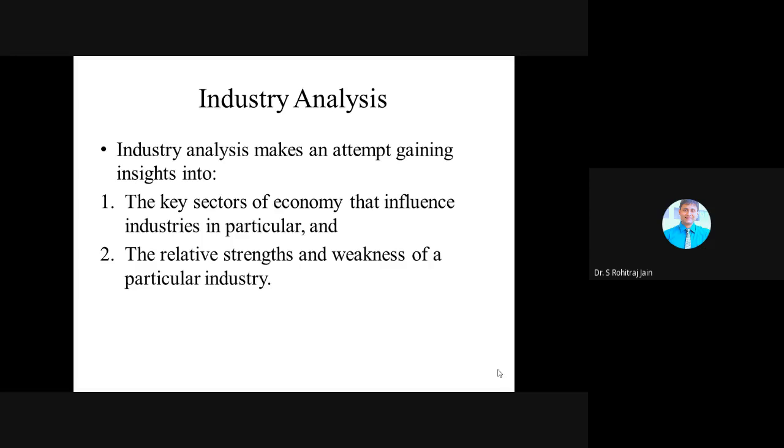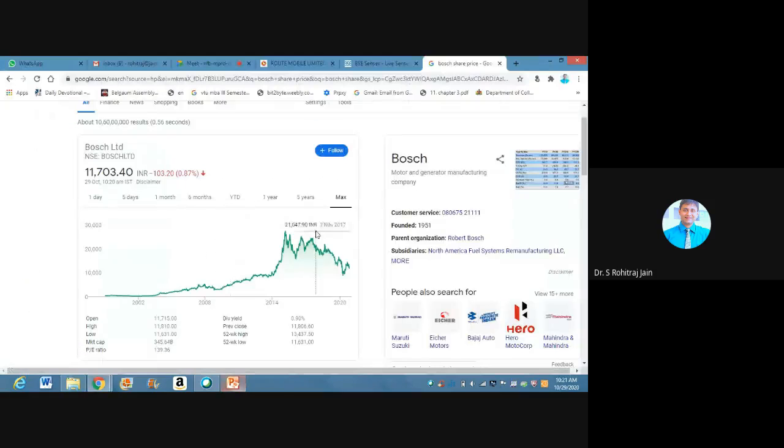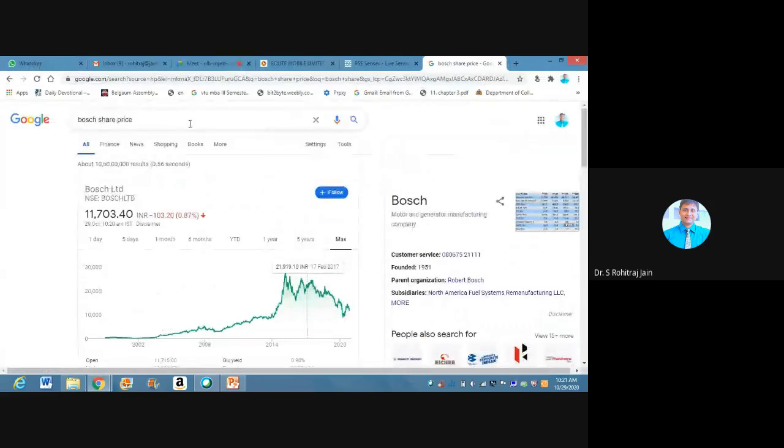Now students, what do we mean by industry analysis when it comes to the equity market? It is how exactly a particular sector will be performing over the next 5 years. Suppose, if I feel that the Indian economy will outperform, or that Indian GDP will do fantastic in the next 10 years, then the first thing I have to do is list down the industries, the sectors which will actually do very nicely in the next 10 years, right?